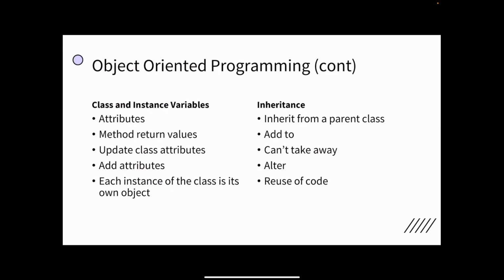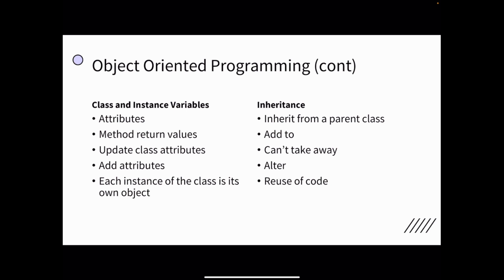All right, so object-oriented programming continued. Covered a little bit of class and instance variables. So your class variables are going to be defined within the class, but each instance of that class that you initialize, that goes back to that car 1 and car 2 that would have different attributes describing the individual cars.